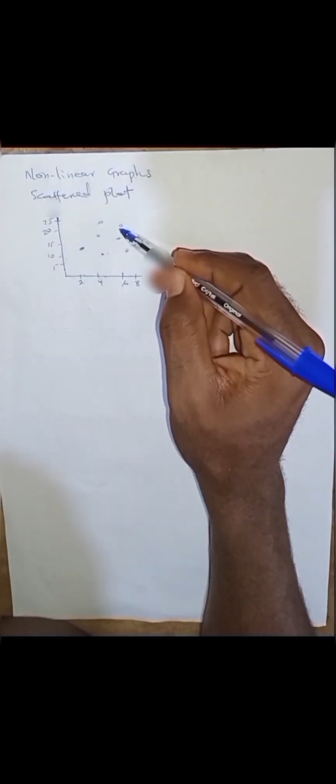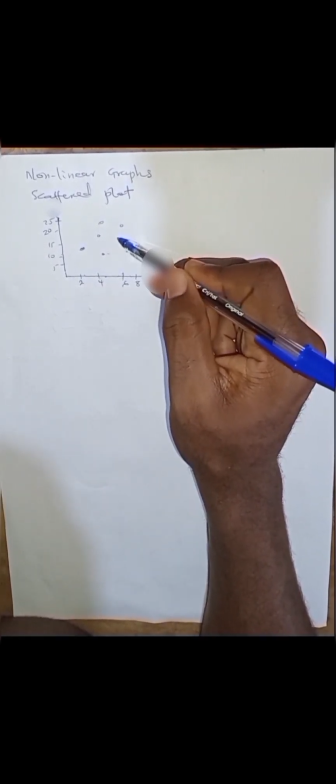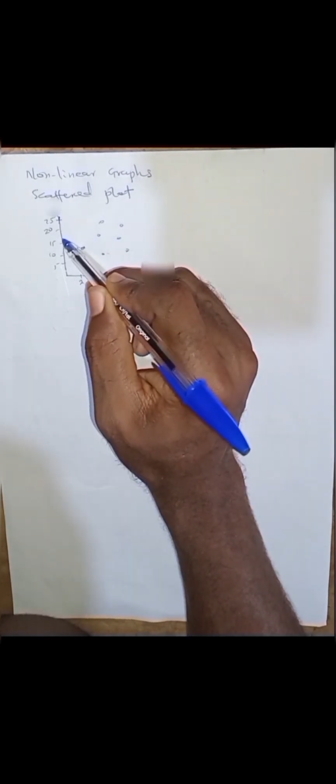For these other plotted points, let's say here 5.8, matching up to somewhere 16. So the plots do not follow a straight path. They are scattered in the coordinate plane. So there's an example of a non-linear graph.